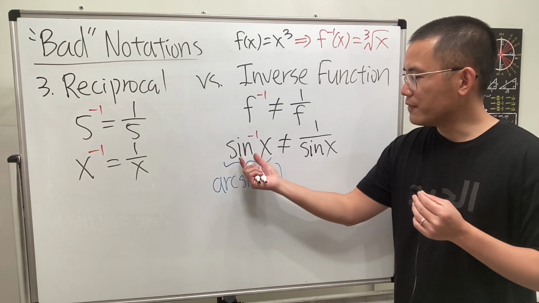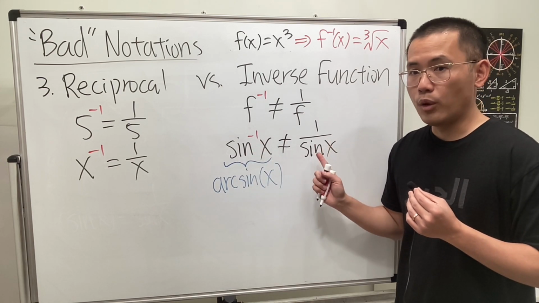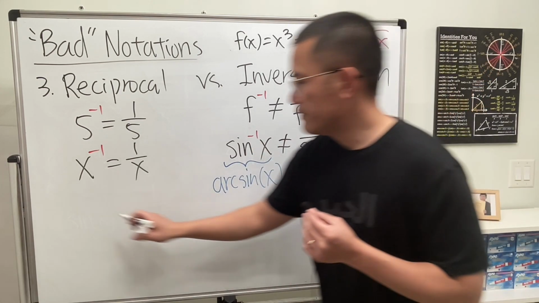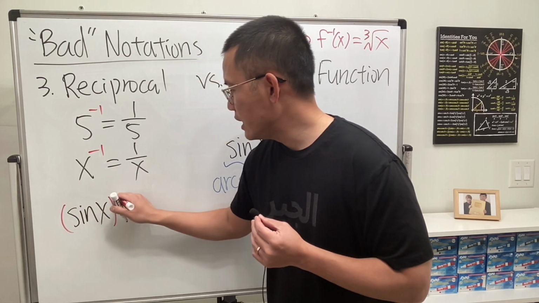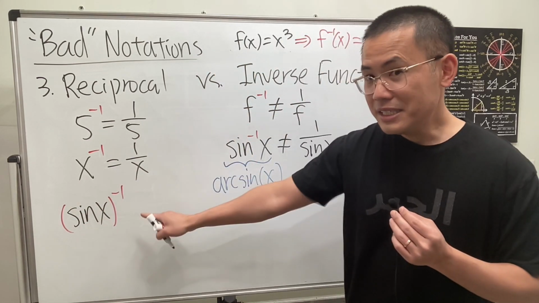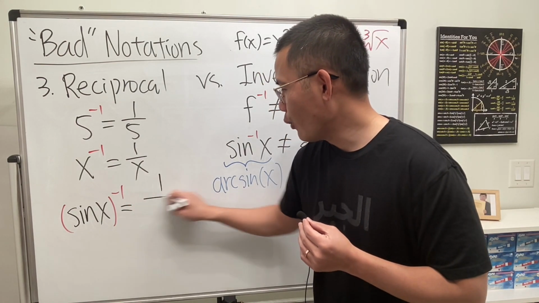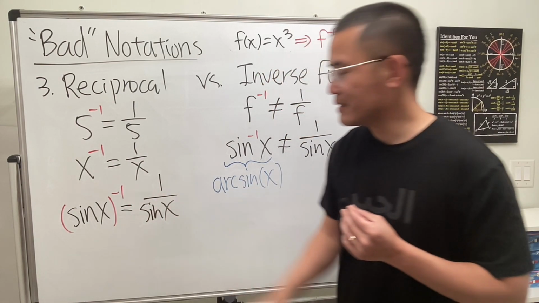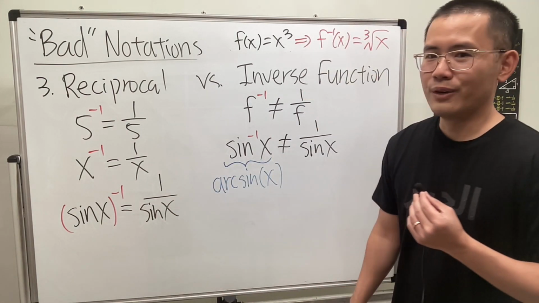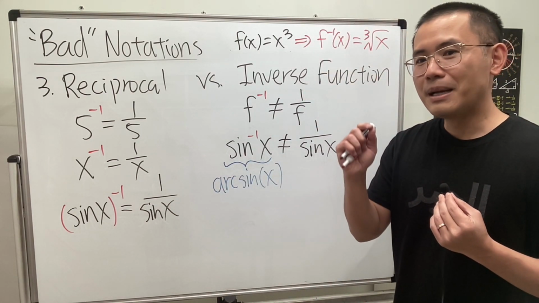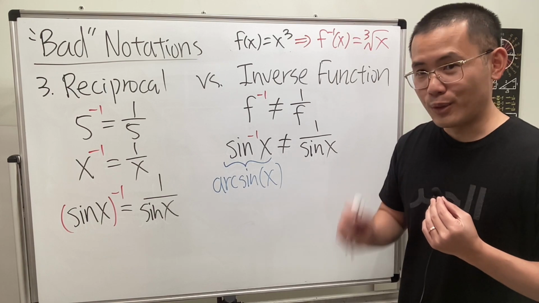As I said, if we have a function with a -1, it's not a 1 over. But if I do this, writing sine right here, and then if I put the -1 like this, this really means 1 over sine x. And now you might be wondering, what's the difference though? I will tell you, it's the position of the notation.